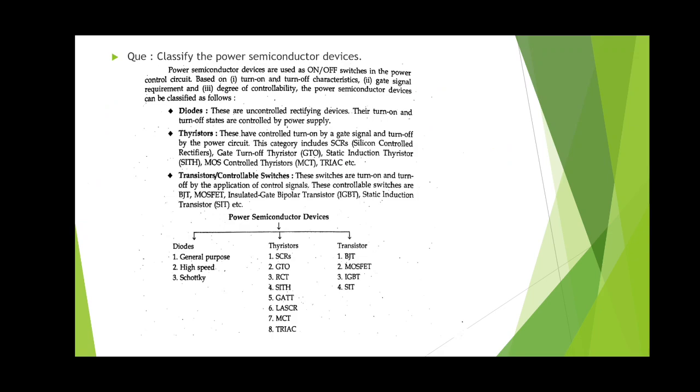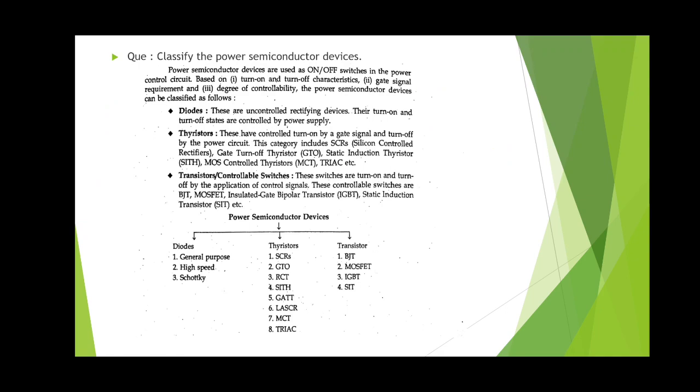The first question always asked on this topic is to classify power semiconductor devices. This question is asked for 5 marks, and here we have to list out the different power electronic devices. First we will define what power semiconductor devices are, then we will classify them.